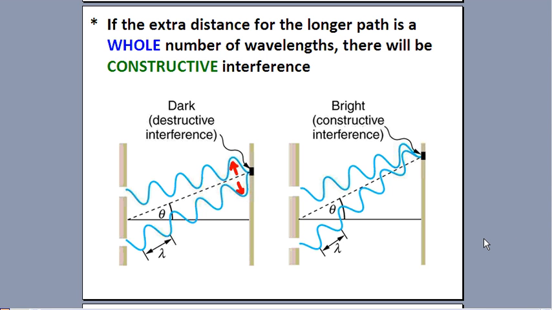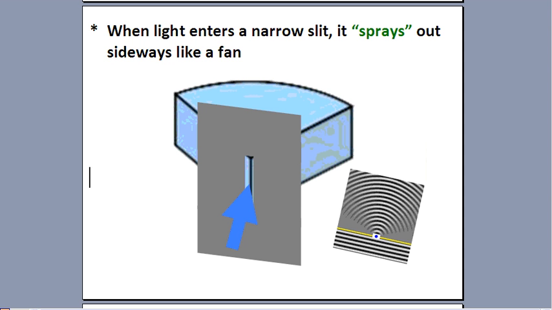Things are going to be very dark, or very quiet if it happens to be a sound experiment. But if both waves arrive in phase, as we would say, where they're both working together, then it's going to be a very bright spot on the wall, a big bright dot, or a big loud spot if you were listening to a sound experiment. And so it's just an issue of whether these waves from two different sources arrive in phase or out of phase.